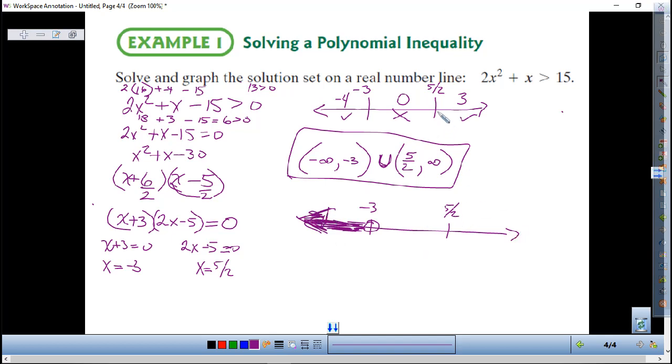All right, and at 5/2 going up, remember that's part of my solution set. So I've got, once again, an open dot here, and everything to the right of that. So there's my solution set on the real number line.